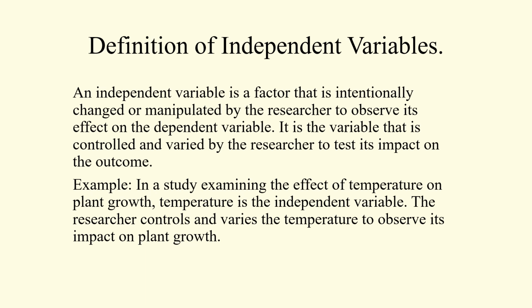An example is a study examining the effect of temperature on plant growth. Here, temperature is the independent variable, and the researcher controls and varies the temperature to observe its impact on plant growth.